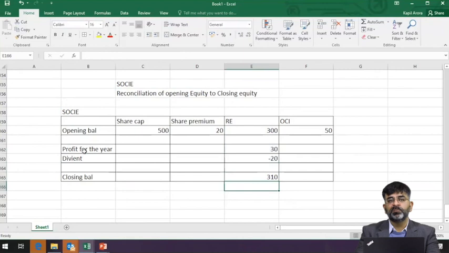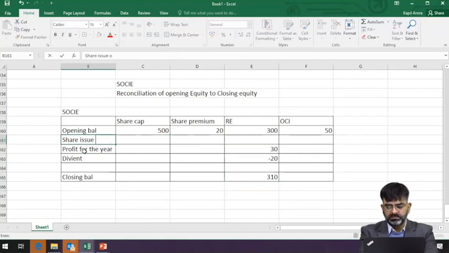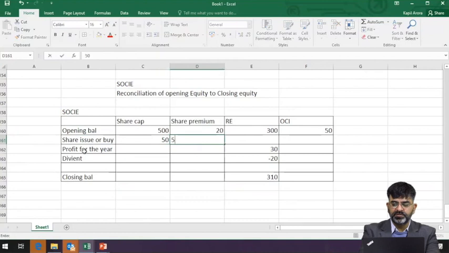Why would my share capital go up or down? My share capital would go up or down with share issue or buyback. Let's assume we have issued shares of 50, whereas the premium also is 50.